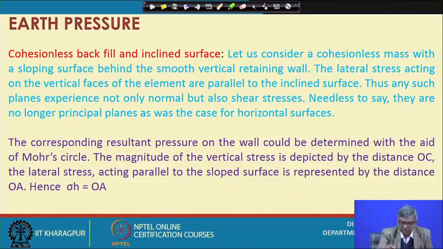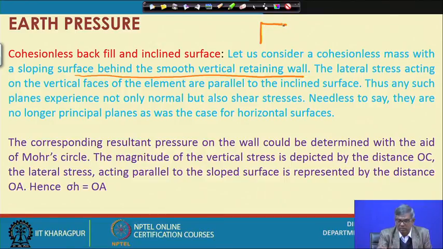If you consider that, then it is a cohesionless mass with a sloping surface behind a smooth vertical retaining wall. Smooth vertical wall means we are still ignoring friction and still considering a vertical wall, but instead of the earlier consideration, the backfill is now sloped at some angle i.